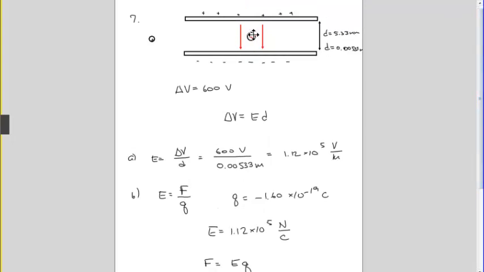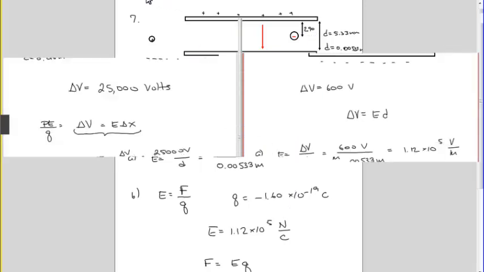So here it is, and if our initial distance is 2.90, so this is 2.9. Therefore, the distance we must move it from here to here is going to be the difference between the two.